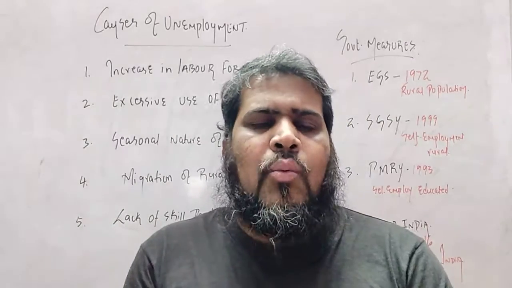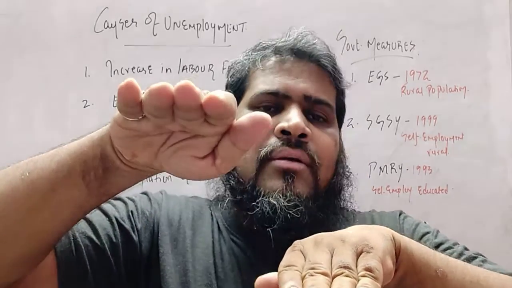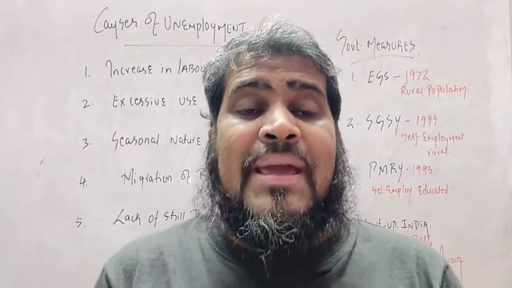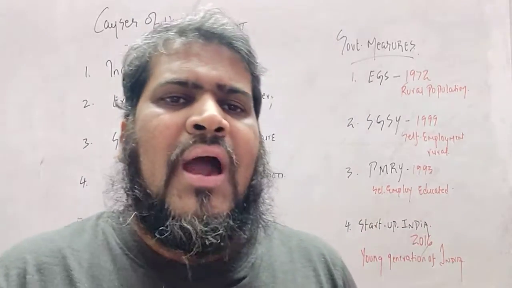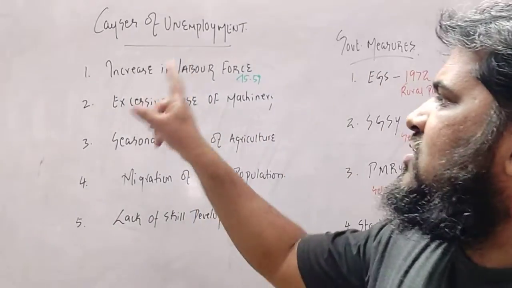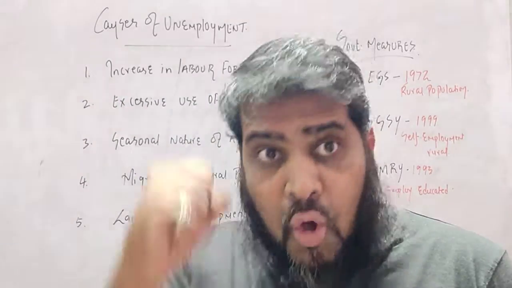Gradually the labor force is increasing, but economic development is not increasing at the same pace, with the same speed, and that is why unemployment is being generated. So labor force in our country is increasing. That is the first cause.